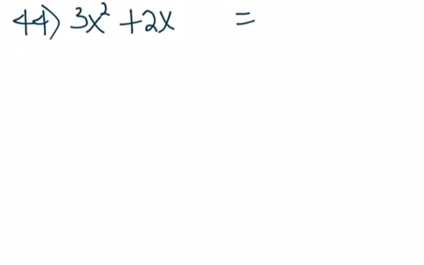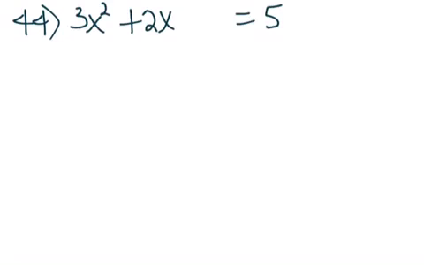If you look at number 44, it has 3x squared plus 2x equals 5. They've already moved the constant to the right side for you, so you don't have to do that step.